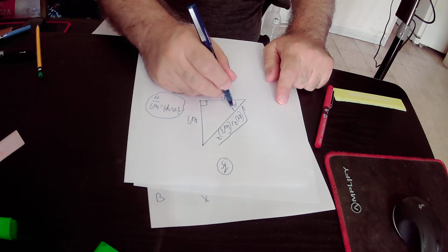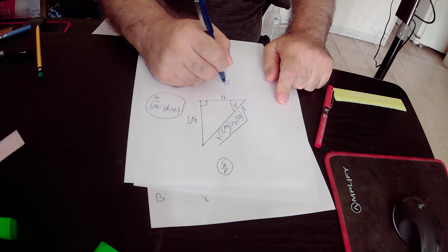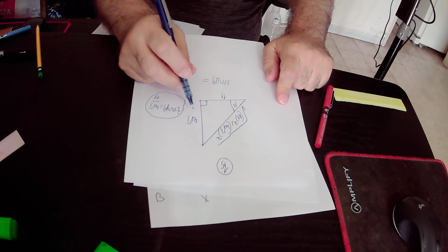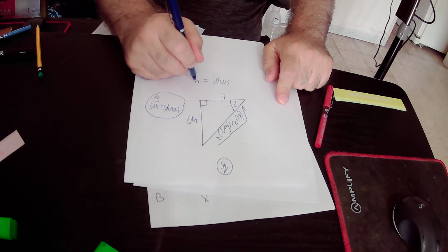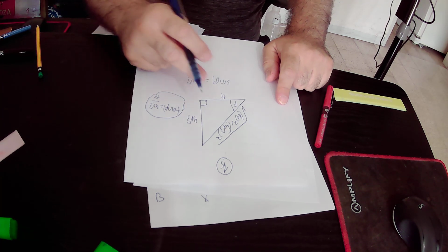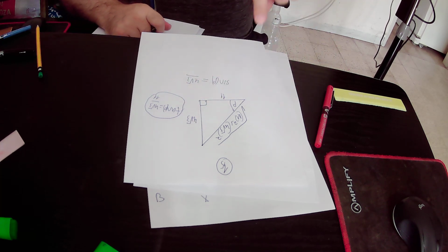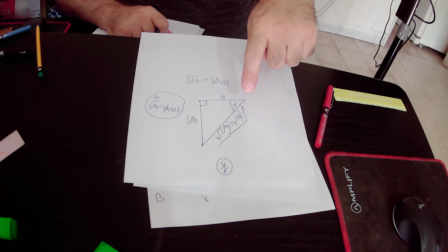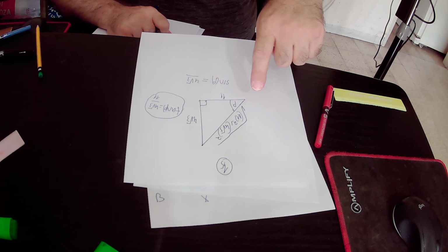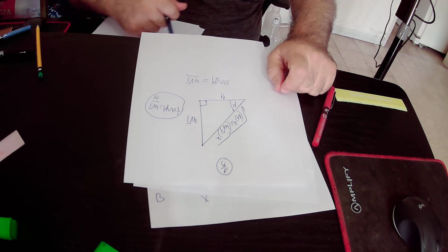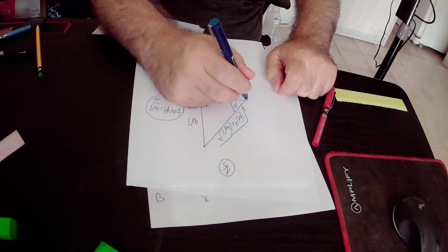So here the value of sine P will be equal to 4 times root 3 over the hypotenuse. But what is the value of the hypotenuse? 11 squared is 121 plus 4 times root 3 squared is 48. 121 plus 48 is 169, and the root of 169 is 13.